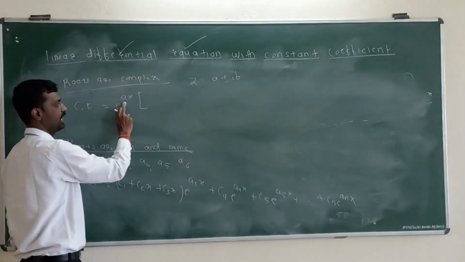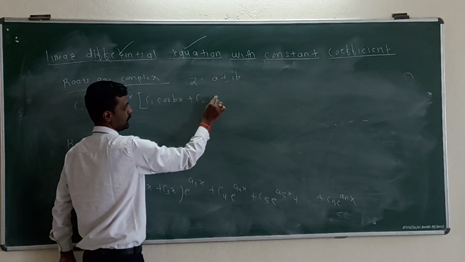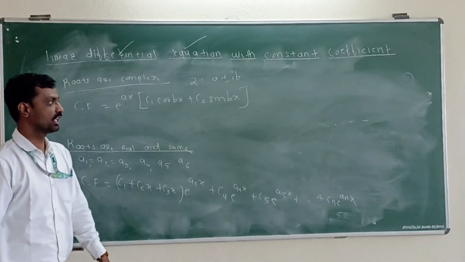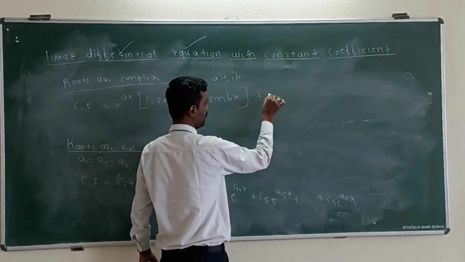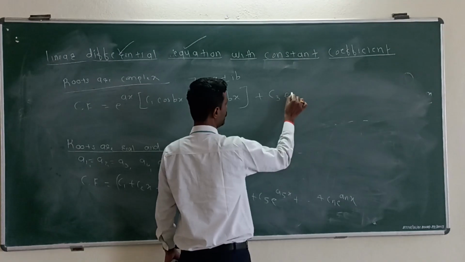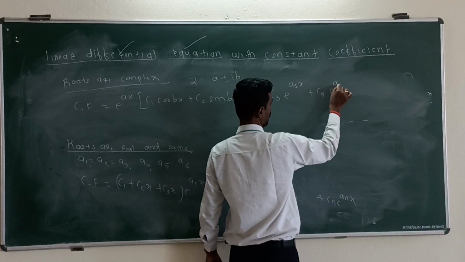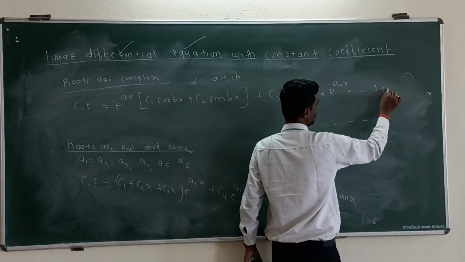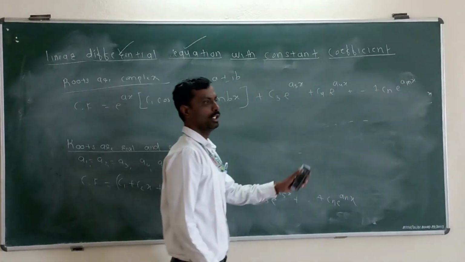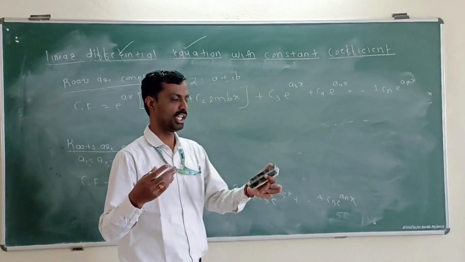Then e to the power ax, where a is the real part, times c1 cos bx plus c2 sin bx, and b is the imaginary part. And for the remaining roots, which are real and different, c3 e to the power a3x, c4 e to the power a4x, cn e to the power anx. In this way, there are three categories depending upon the roots of the differential equation.